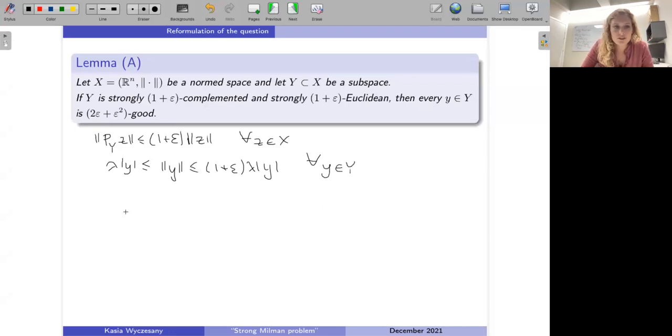Okay, so what do those conditions give me? I want to show that every point is good with some scaling. So I take y and I take some z. I fix z and look at what happens here.